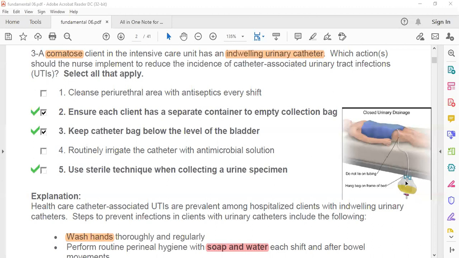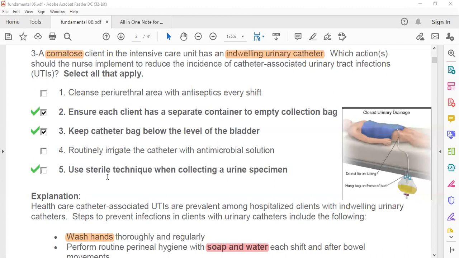And routinely irrigate the catheter with antimicrobial solution. Again, I said no guideline, no book says to irrigate the catheter with antimicrobial solution.